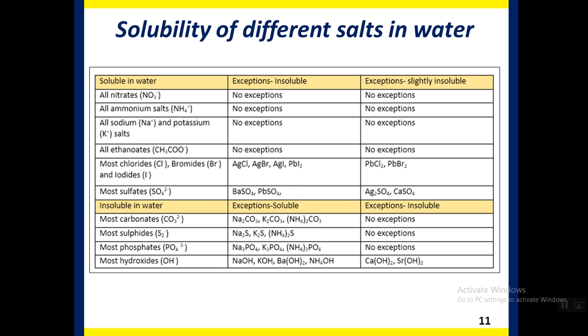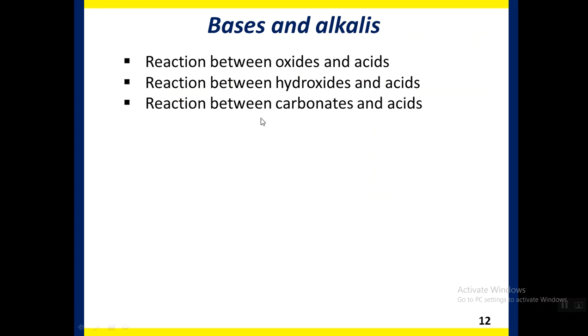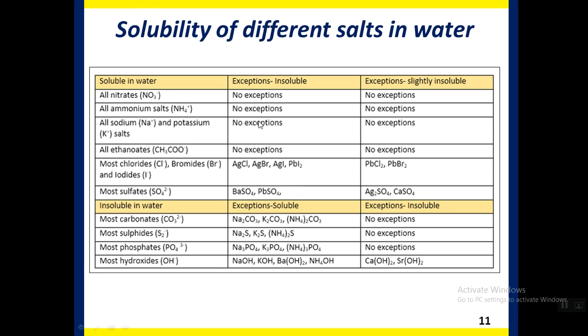In this table you can see that all sodium, potassium and ammonium salts are soluble, and all nitrates are soluble. Most common chlorides are soluble except lead 2 chloride and silver chloride, right?